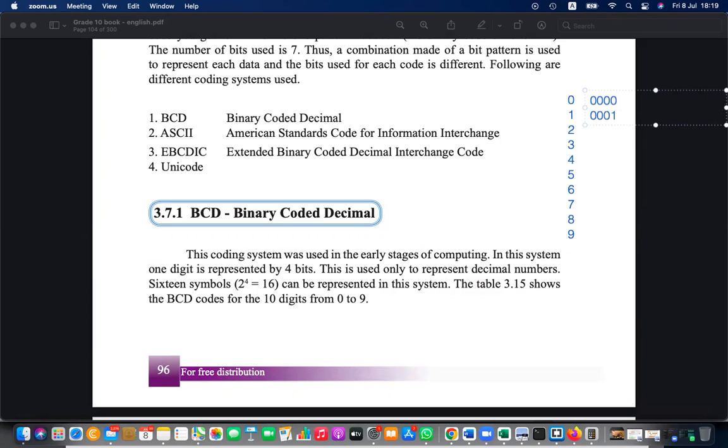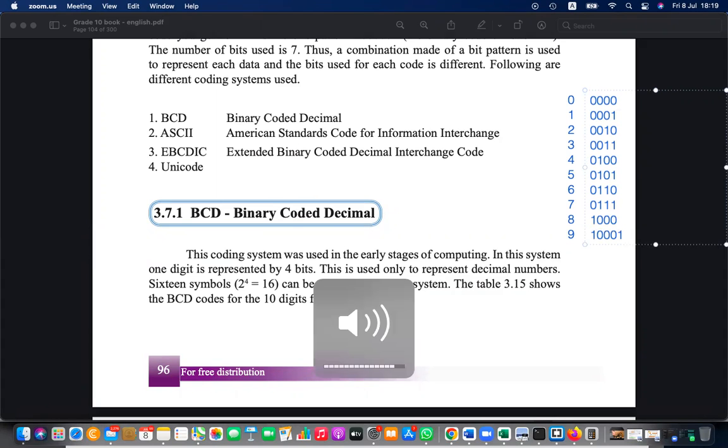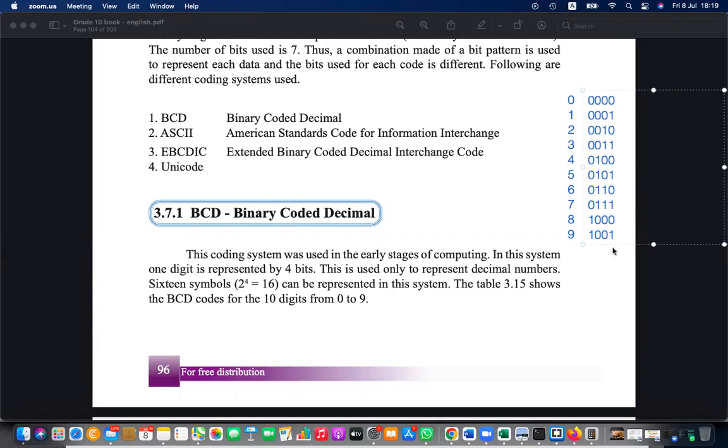Then 1, 2, 3, 4, 5, 6, 7, 8, 9. Oh, sorry, 9. So this is how BCD represents numbers.